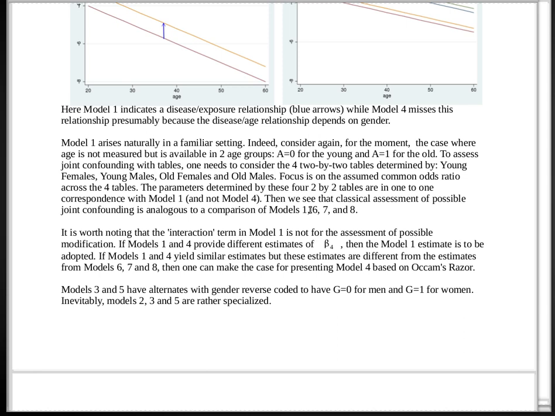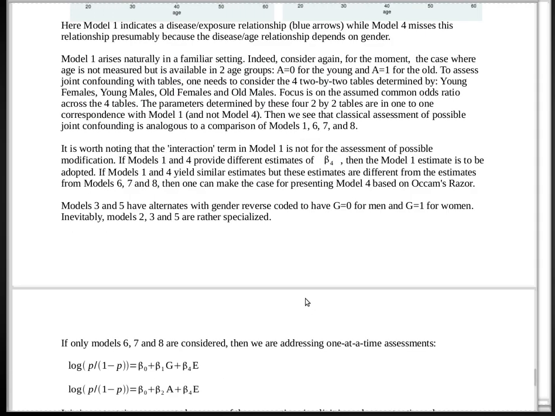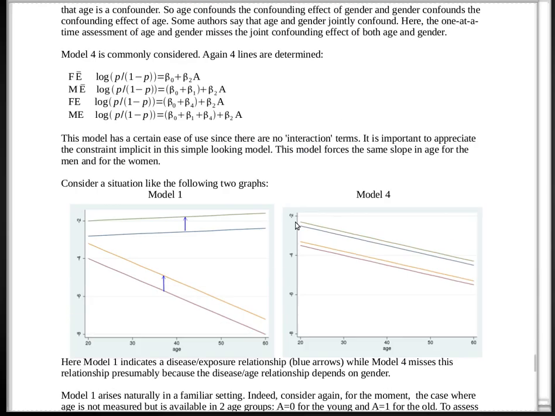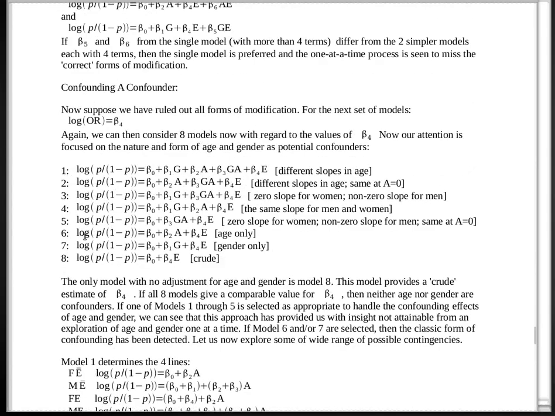Okay. Again, we could have done some reverse coding, as I've mentioned; some of the models on that list are very specialized and may not be considered. Now, notice again that if we only considered models 6, 7, and 8, then we're addressing one-at-a-time assessments, right? Models 6, 7, and 8: here's age only, gender only, and crude.